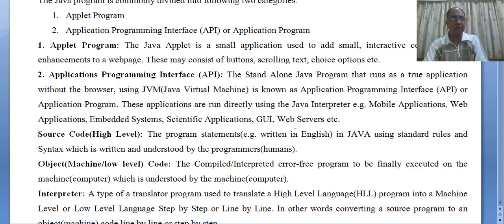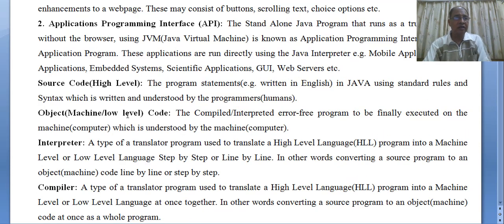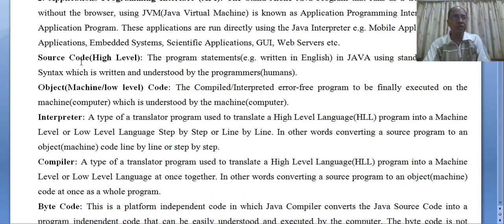GUI, web servers, etc. Now we understand the concept of source code. What is a source code? This is also called a high level code. The programming statement that is written in English in Java using standard rules and syntax, which is written and understood by programmers or humans. That is the program which we write in English statements is known as the source code or the high level language program. Okay, high level program.